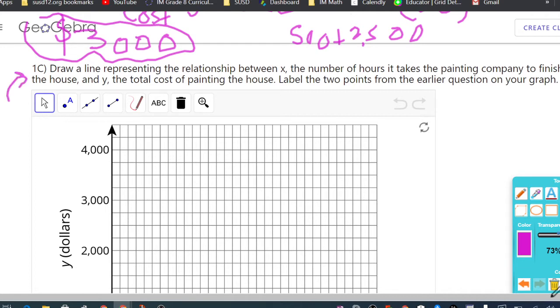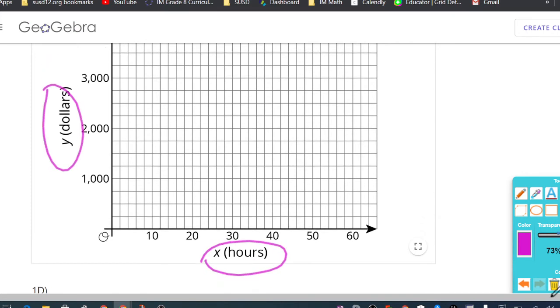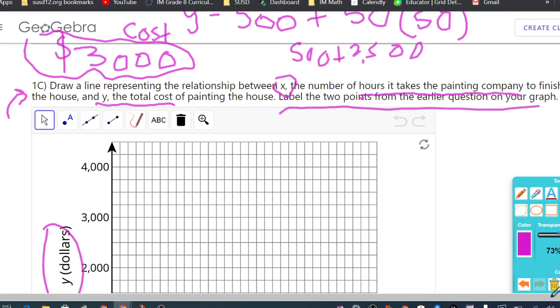Draw a line representing the relationship between X, the number of hours it takes the painting company to finish the house, and Y, the total cost. Okay, did you get that? X is the hours of painting, Y is the cost in dollars. And they said draw a line representing the relationship. Label the 2 points from the earlier question on your graph.